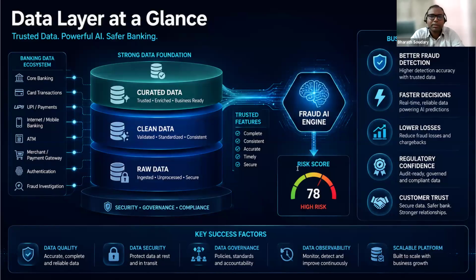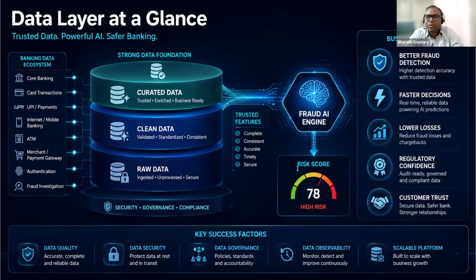Just to summarize, the data layer is the foundation of the AI-based banking fraud detection solution. We collect data from multiple banking sources, ingest it through real-time and batch pipelines, validate and clean it, and apply labeling and feature engineering.